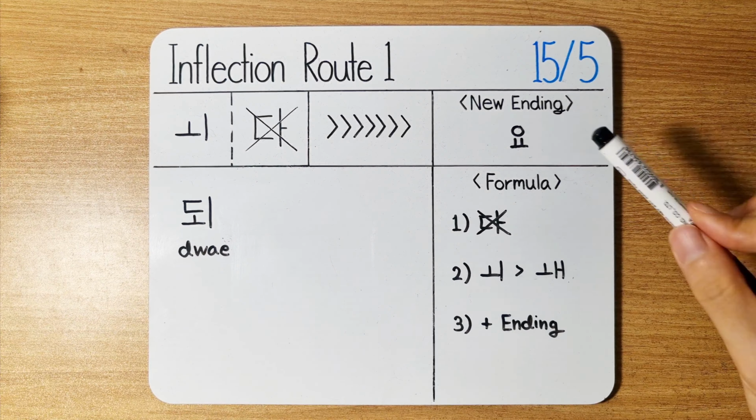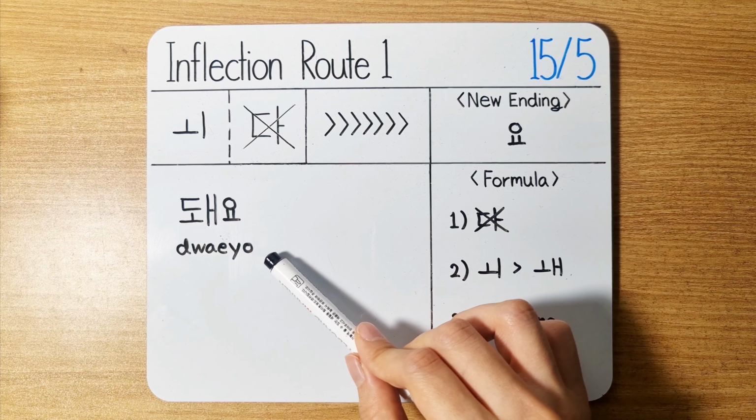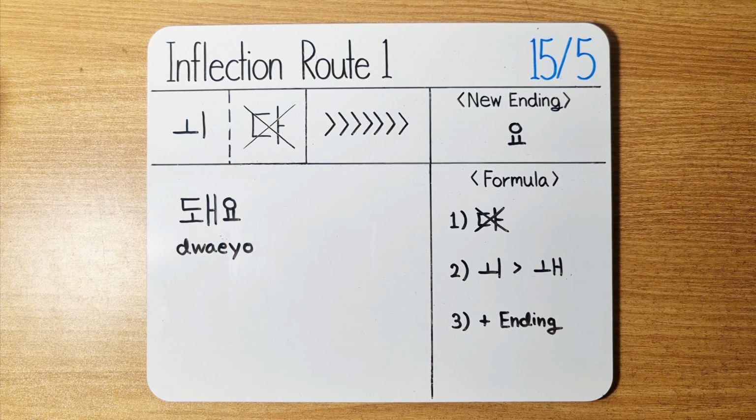So according to the 3-step formula, now we have 돼요, which is now the actual form, present tense, of the verb become or work.